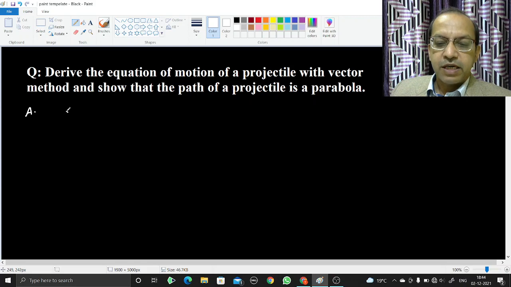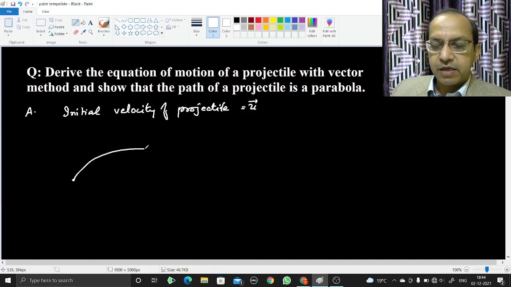So, the initial velocity of the projectile is u, and it is making an angle theta with the horizontal. You can say the particle which is to be projected is projected like this, and it will fall onto the earth.